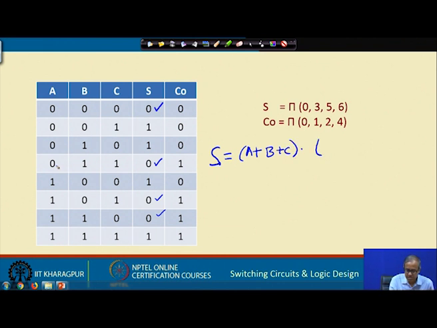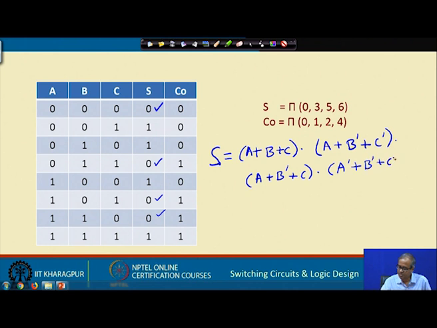Second term 0 1 1, it will be a or b bar or c bar, and third one is 1 0 1, a, b bar or c, and lastly 1 1 1, it will be a bar plus b bar or c bar. So, what does this actually mean?